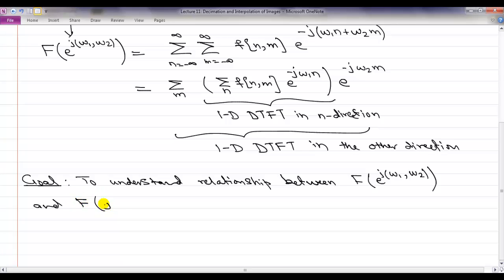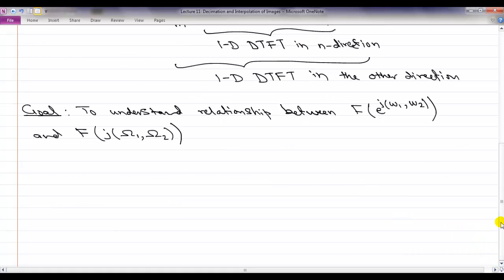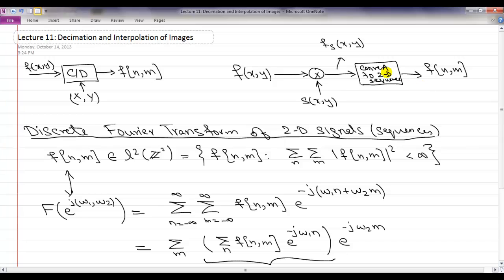So F of j omega 1, omega 2. Okay. Now to do that, we'll first, as I said earlier, relate the Fourier transforms of these two things.